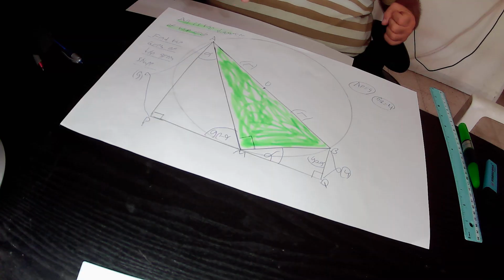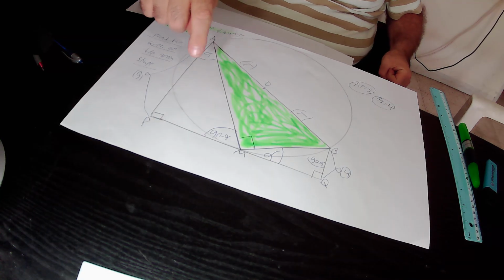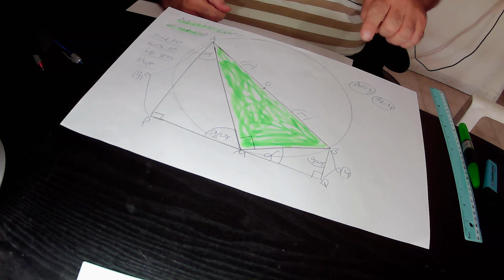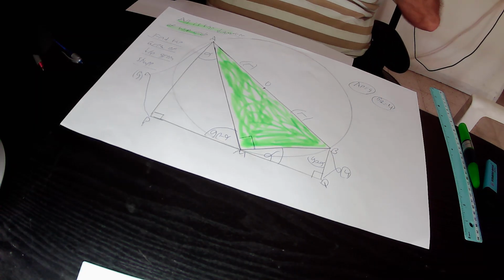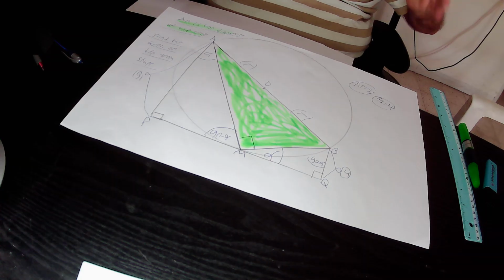So I can find out that all the angles of this right triangle APM are equal to all the angles of this right triangle BMQ, and therefore those two right triangles are similar to each other according to the angle similarity rule.